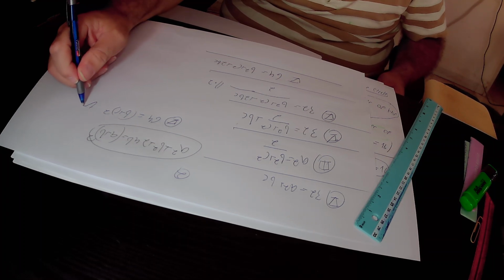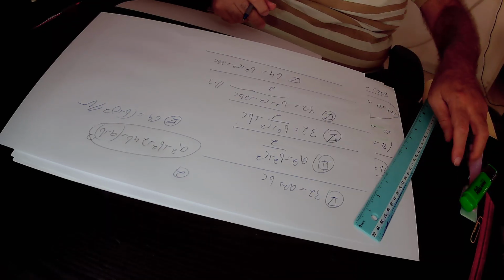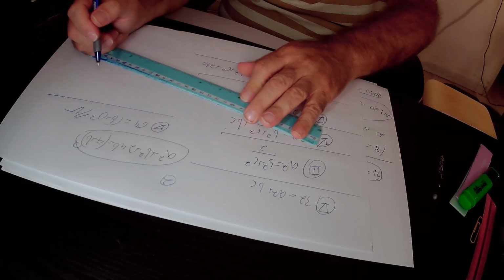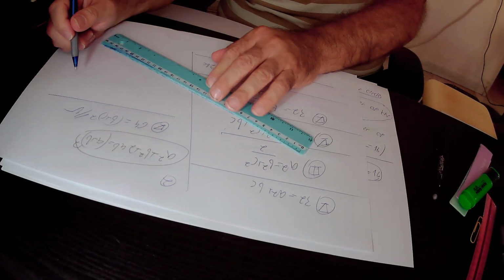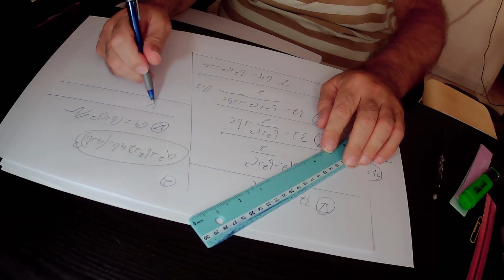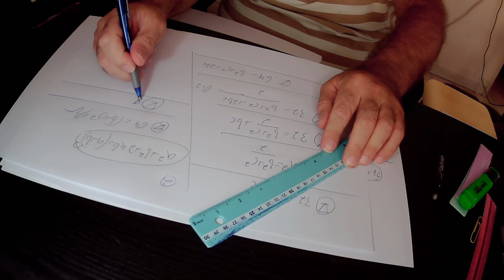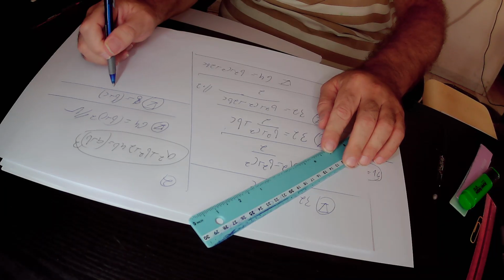Here we take the square root of this equation. The square root of 64 is 8, so 8 equals B plus C, or B plus C equals 8.